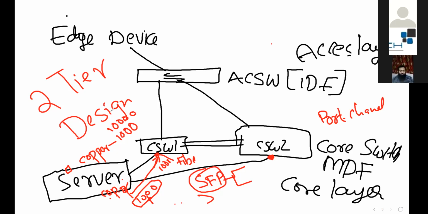So in today's session, we just discussed the access layer and core layer, two layers. This we call a two-tier design. We also implement from your edge device towards your server with the help of a three-tier hierarchy, adding an extra layer, which is a more secure and more acceptable solution.